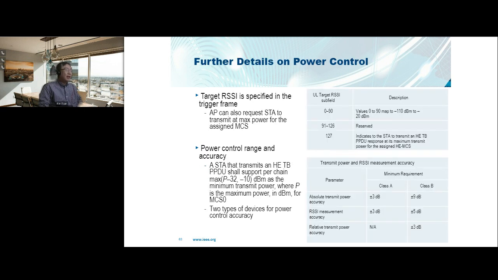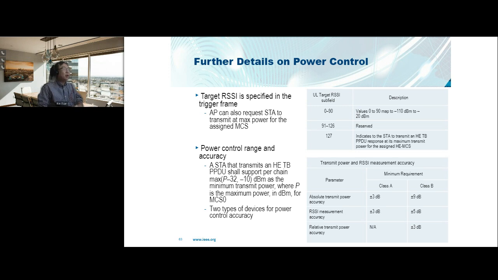Why is that? The reason is that the AP power controls the client to a certain power level to satisfy the MCS. There are two scenarios. The first one is that the AP lets the client transmit 1024-QAM, for example.